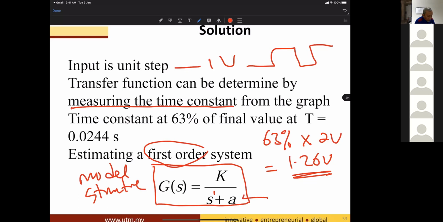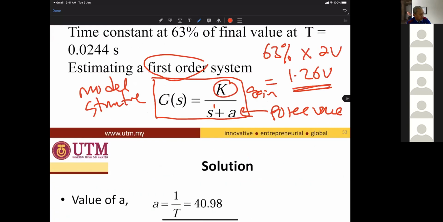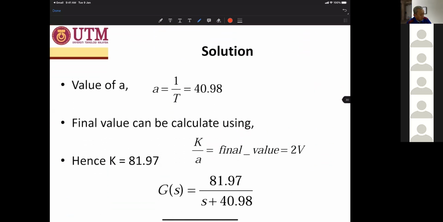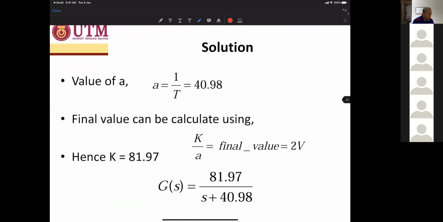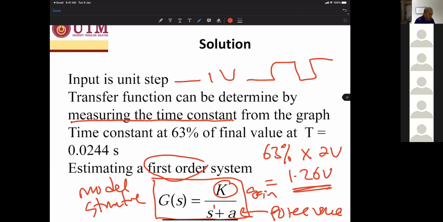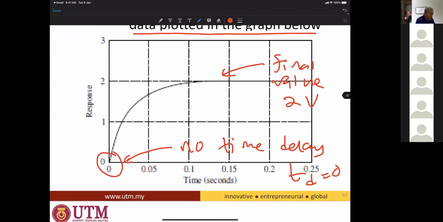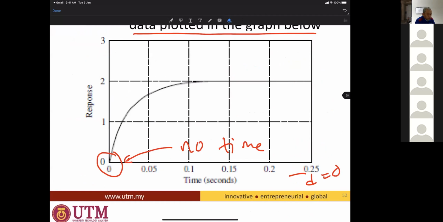Then you have a pole value, and you have a K. K is the gain. The value of A we can get from the graph, which is 1.26 volt. In this case, 1.26 is somewhere here.